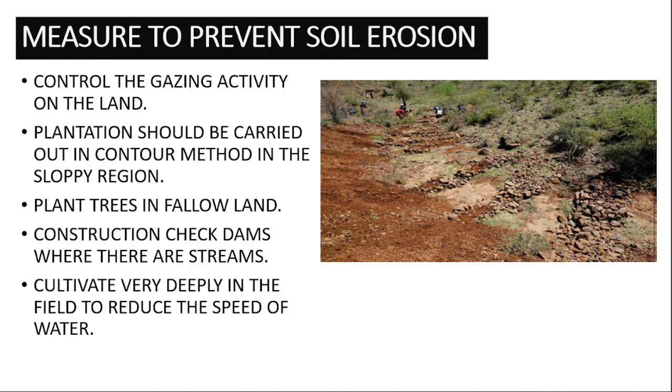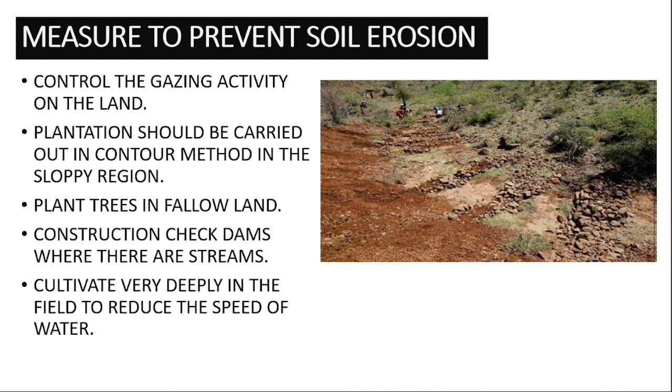Measures to prevent soil erosion. How can we prevent soil erosion? Control the grazing activities. Grazing activity means what? If we talk about livestock, that's goats and sheep, they need some food. They mostly eat grass.